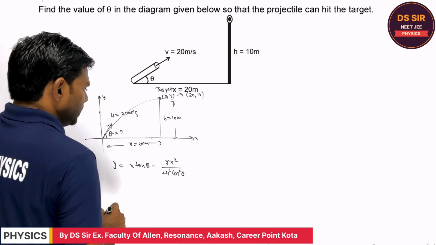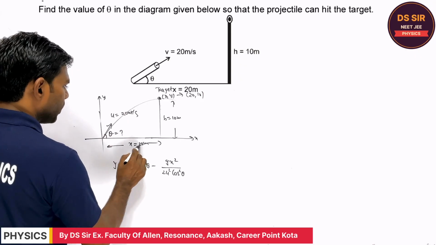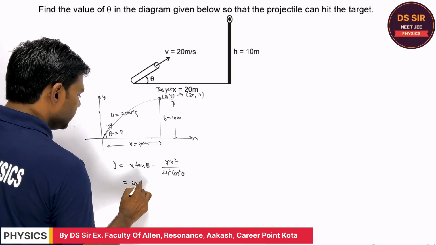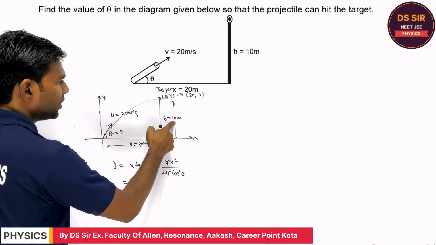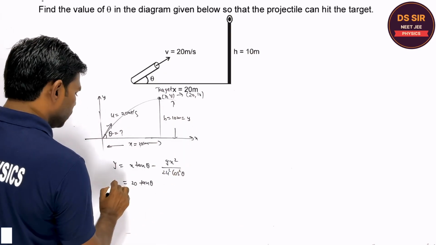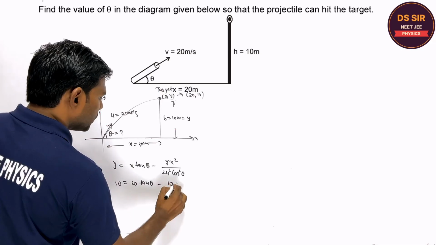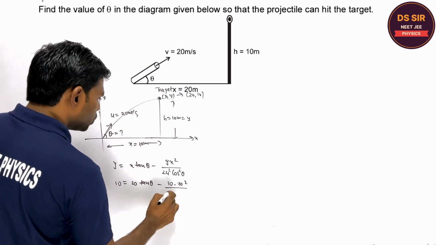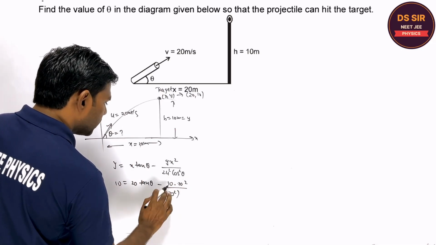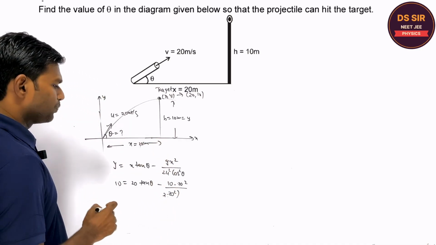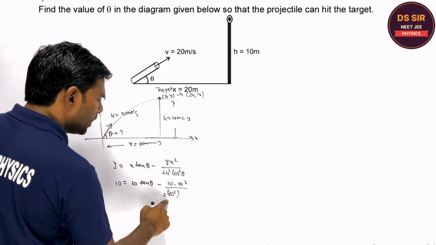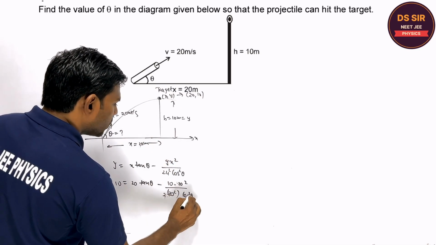So what is the value of x? Say 20. The tan theta we have to find. The value of y is 10, minus g, x square meaning 20 square, u square meaning 20 square, 2 into u square into cos square theta.